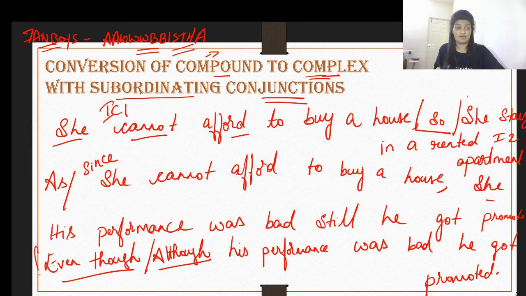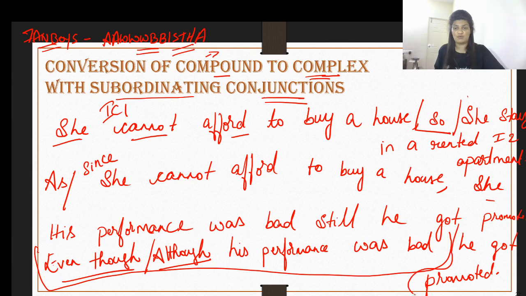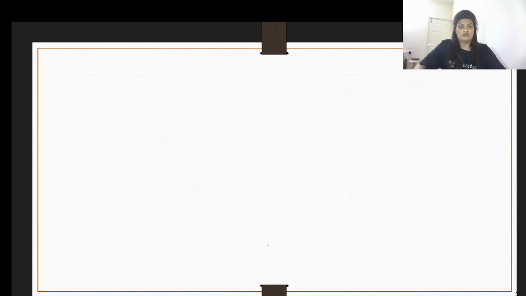And here this is our dependent clause, and this is our independent clause. So there we have converted the compound into complex. Let me give you one more example.